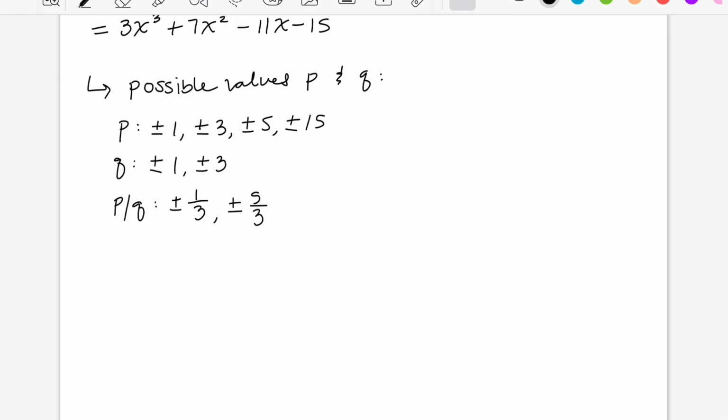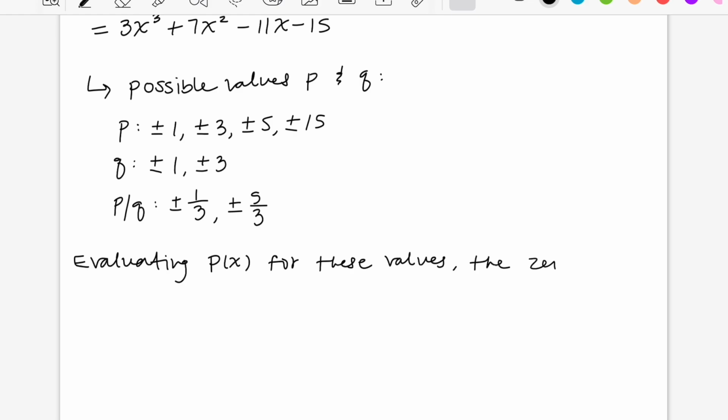And lastly, to find the actual zeros, what we do is evaluate p of x at these zeros. And when we do so, we see that the zeros are going to be -3, -1, and 5 over 3.